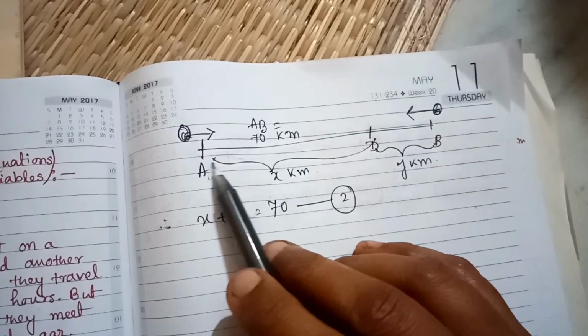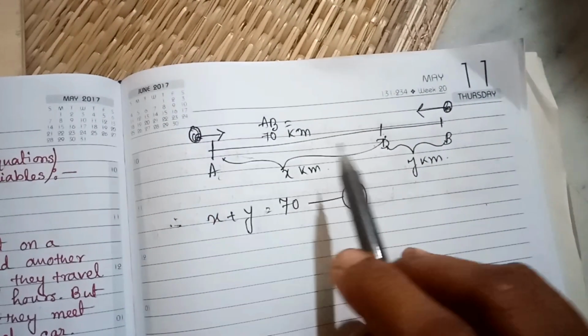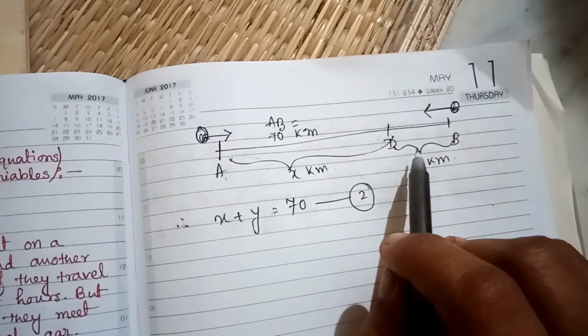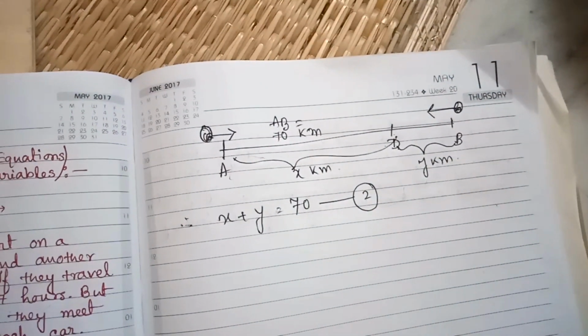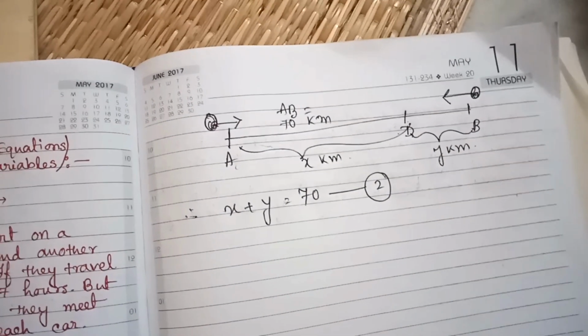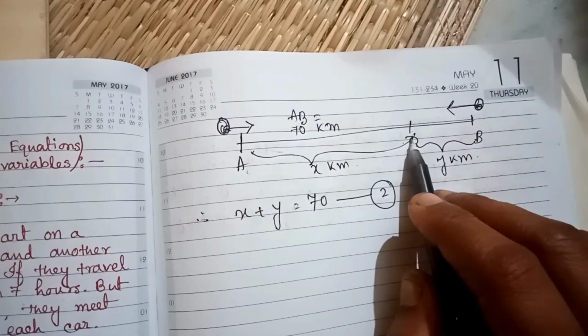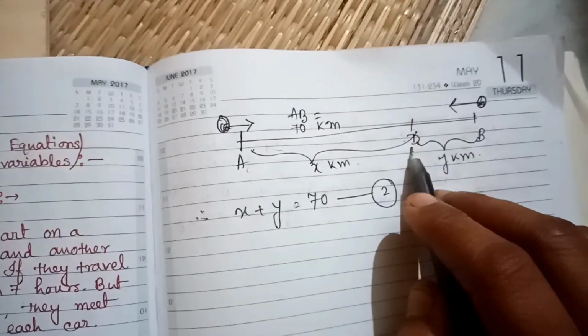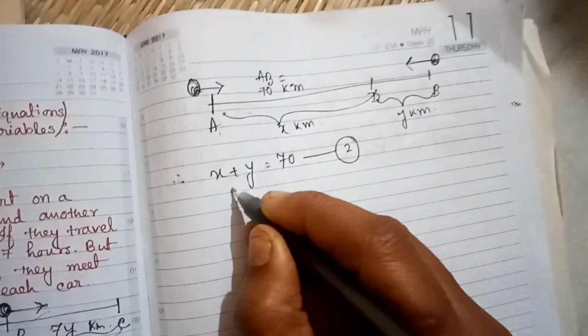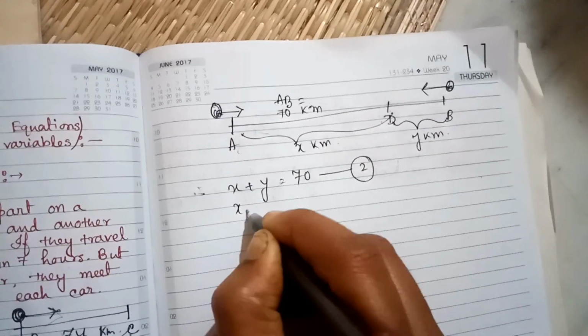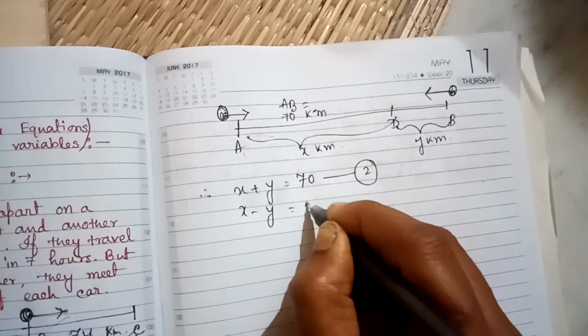So it is quite obvious that in 1 hour the covered distance by the first car will always be greater than the covered distance by the second car in 1 hour. That's why we have taken the meeting point D after the midpoint. We have got the first equation, that was x minus y equals 10.